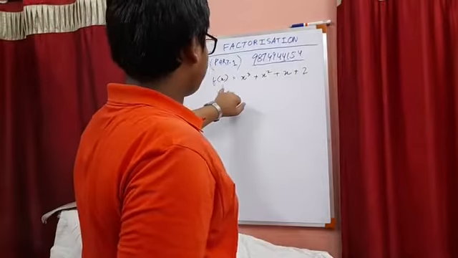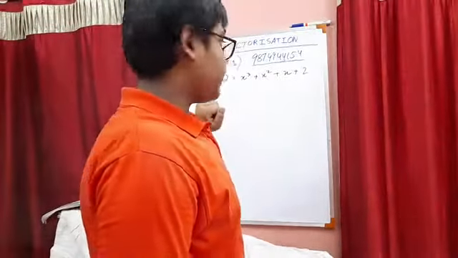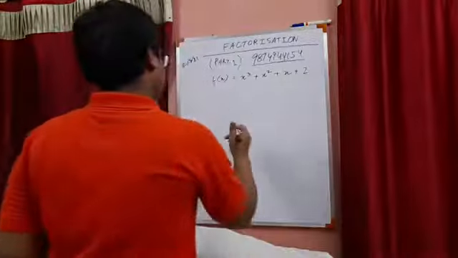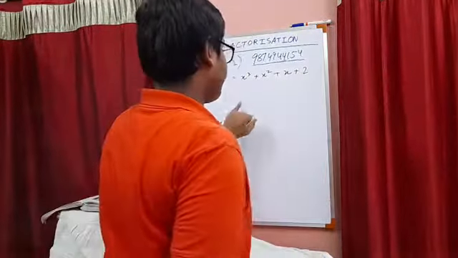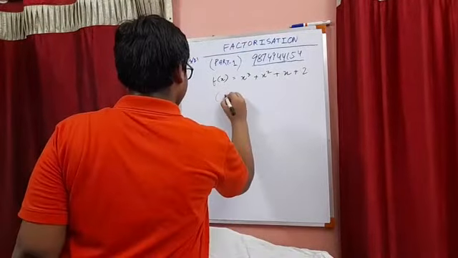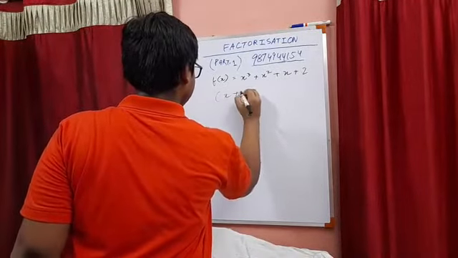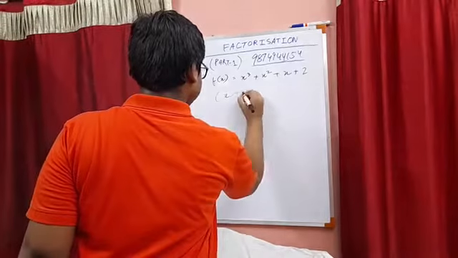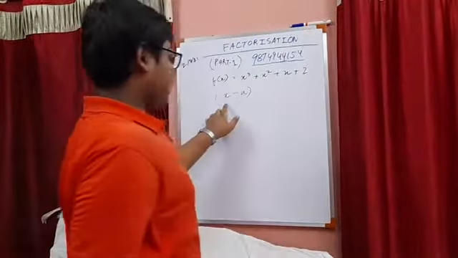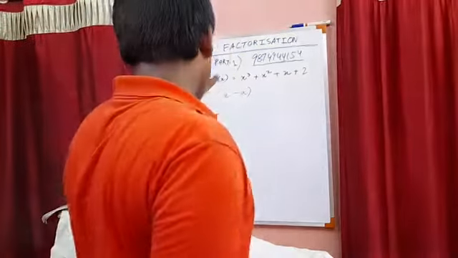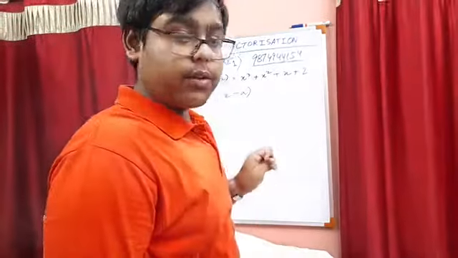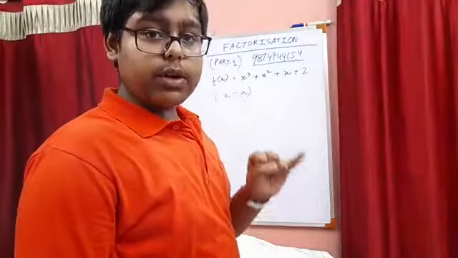Now we will be given, or we will have to find out, a number by which we will have to divide this to get the remainder. For example, that number is x minus a. Here, we will assume that x minus a is equal to 0. Therefore, x is equal to a.